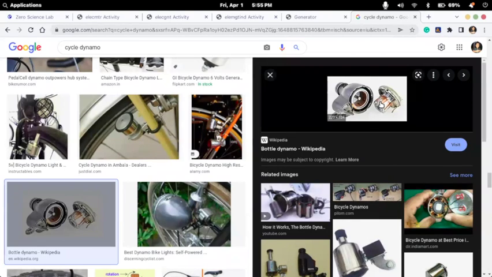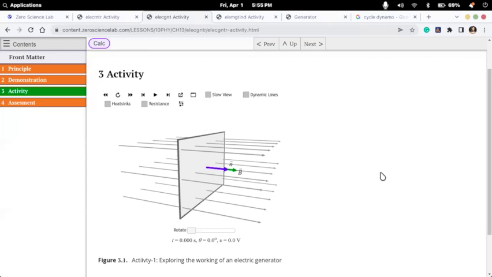Either way. So the generator is converting mechanical energy into electrical energy. The motor is converting electrical energy into mechanical energy. They are simply like the inverse of each other, right? So the principle is the same. You take a fixed or permanent magnet. Inside of that, you put some coil. If you supply some current to that coil, and if that coil is connected to a shaft, that shaft gets rotated, right?